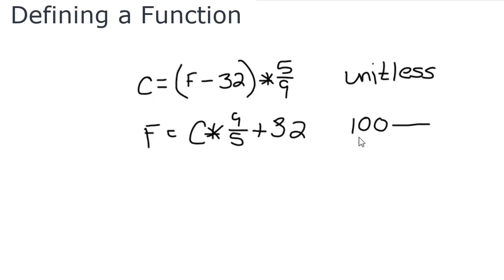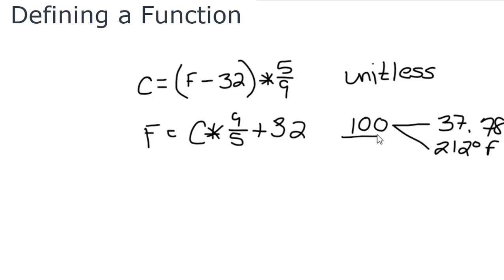I don't know if that's 100 degrees C or 100 degrees F. But coming out of the function, it'll tell me that if this is 100 degrees F, it's going to be 37.78 degrees C. If this is 100 degrees C, it's going to be 212 degrees F.